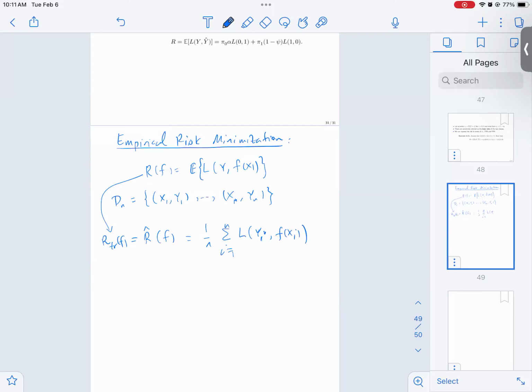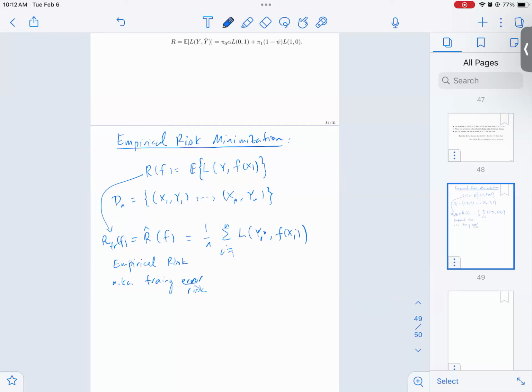I approximate this expectation by an average over the training group, which replaces the pair x, y with xi, yi. I get this empirical average, or this is my empirical risk, which is also just the training risk or training error in our previous terminology.